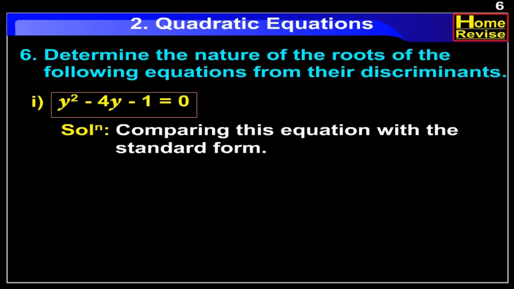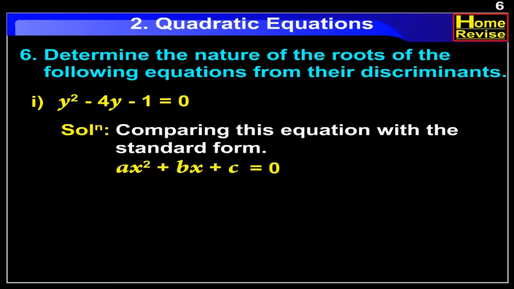Comparing this equation with the standard form ax² + bx + c = 0, we get a is equal to 1, b is equal to minus 4, c is equal to minus 1.